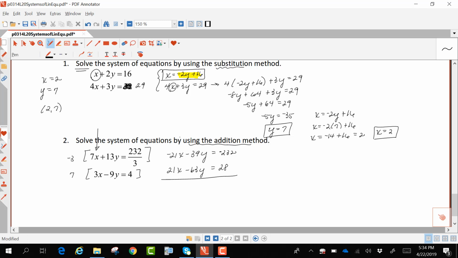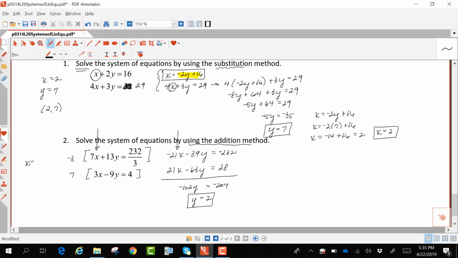Now when I add the equations together, the x will drop out or add out as 0. Then I will have negative 102y equaling negative 204. I can now solve for y by dividing by the negative 102, getting my solution for my y value to equal 2.